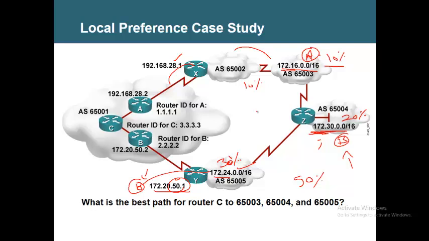See here, it is 50 percentage down path, up path only 10 percentage. If I want to equally share this load, what is the equal number? 30. So which one should I send via upper path so that I can have 30? The 20.